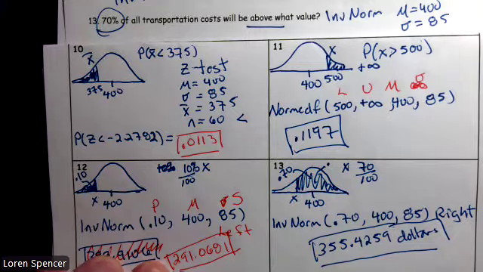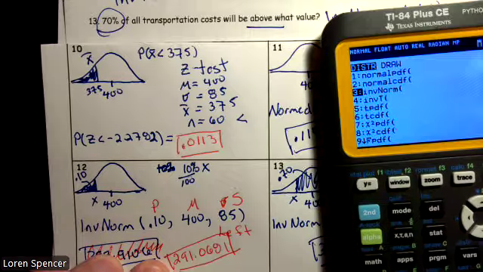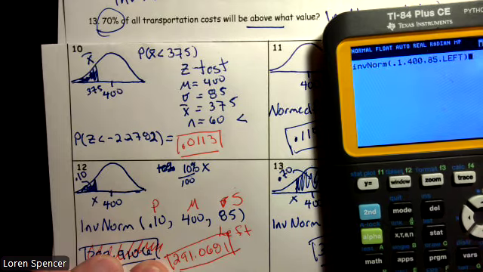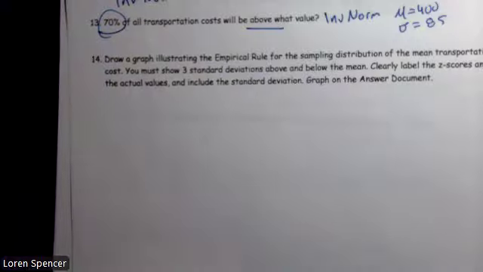Let me check that one more time. Second vars, inverse norm, area 0.1, mean 400, standard deviation 85, shading from the left. Awesome.